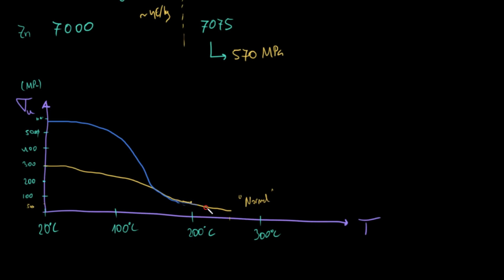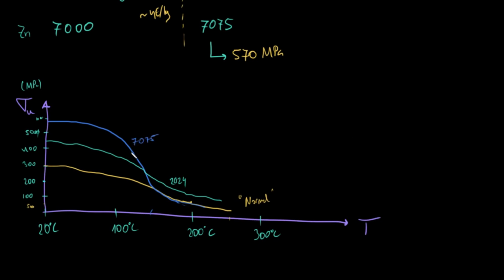So it's going to be interesting if we're working below maybe 150, more or less. And then the strong 2000 series is going to be something like this. Maybe they're a bit stronger than the rest at higher temperatures, just slightly. So I put 2024 and 7075.